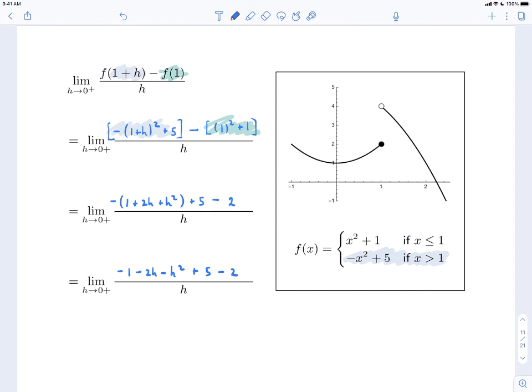All right, so the limit as h goes to 0 from the right, let's get all this together. So we have a 5, and then we're subtracting 2, which is 3, and then we subtract another 1, which is going to give us a 2. So we're going to have 2 minus 2h minus h squared in the numerator. And we're going to divide that by h.